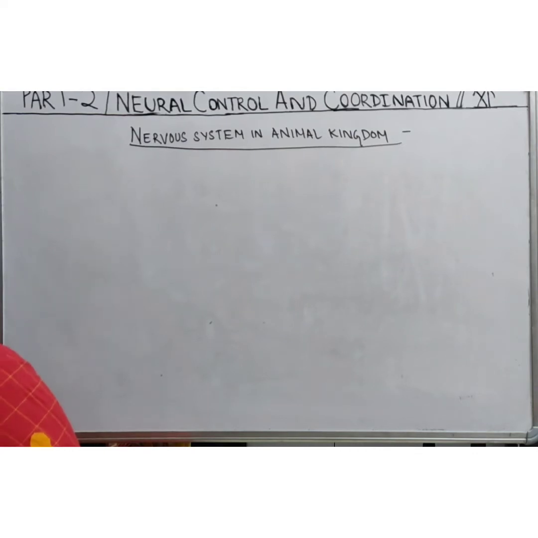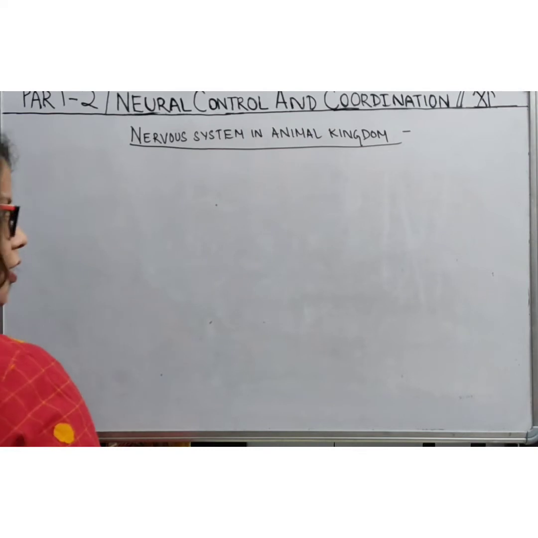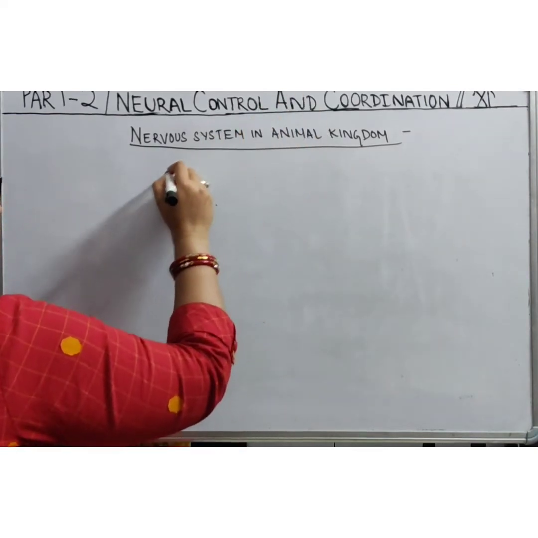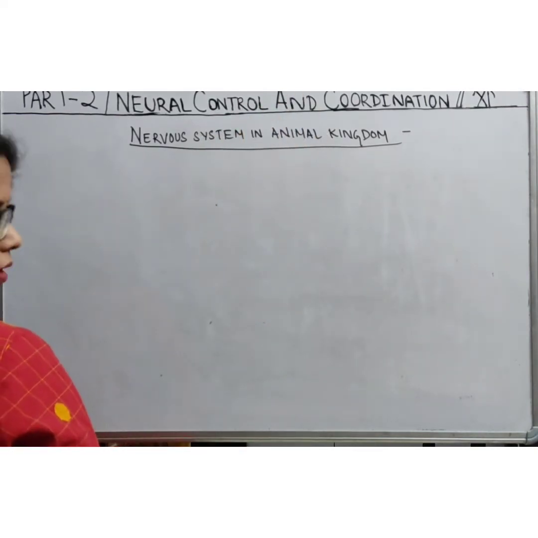First, when we talk about the animal kingdom, the lowest level of organism is named Porifera.